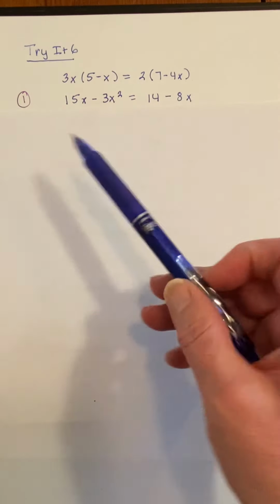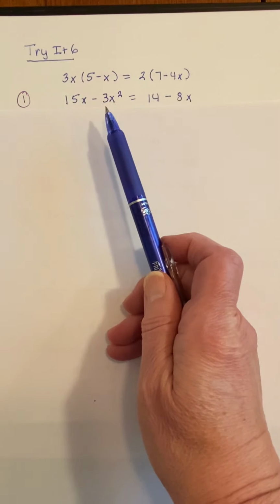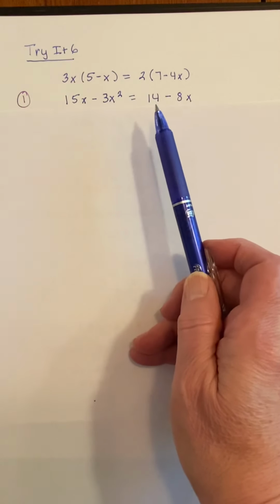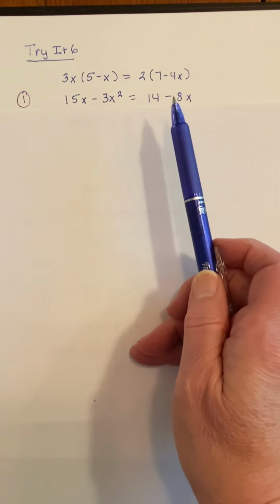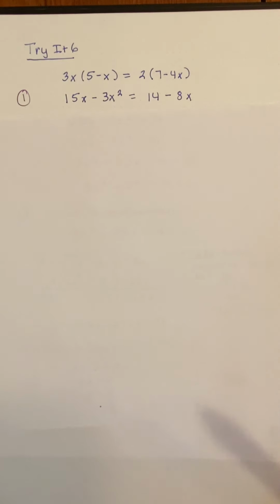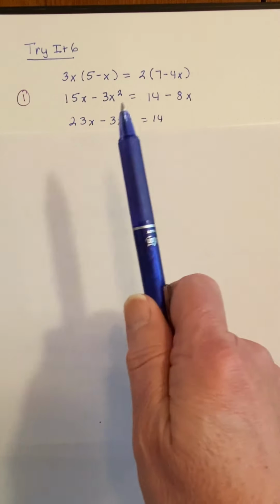I am first going to distribute the 3x to the 5 minus x, and then the 2 to the 7 minus 4x. So 3x times 5 is 15x. 3x times negative x is negative 3x squared. Equals 2 times 7 is 14. 2 times negative 4x is negative 8x. Now I'm bringing everything over. So I'm going to first of all bring the x's over.